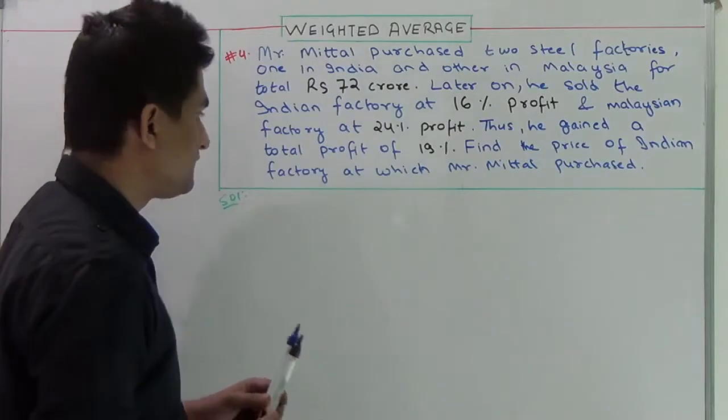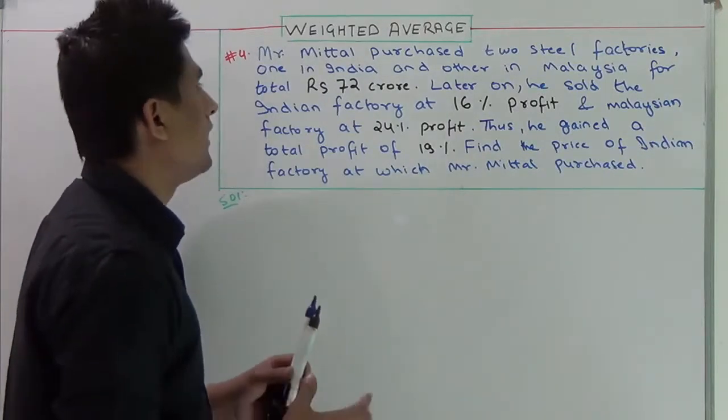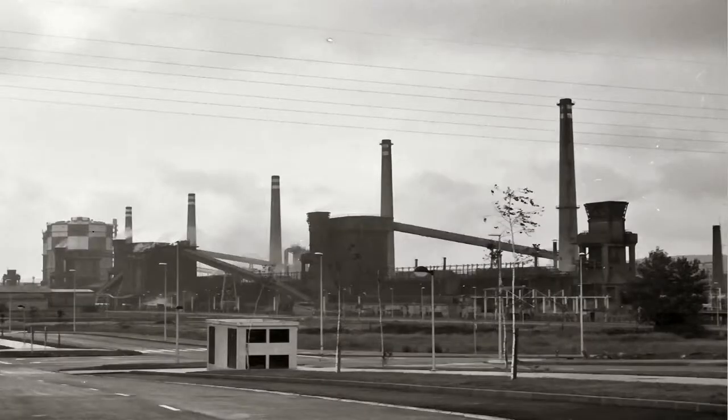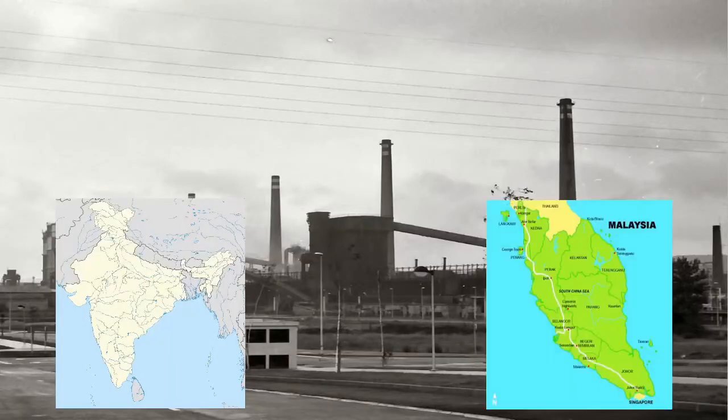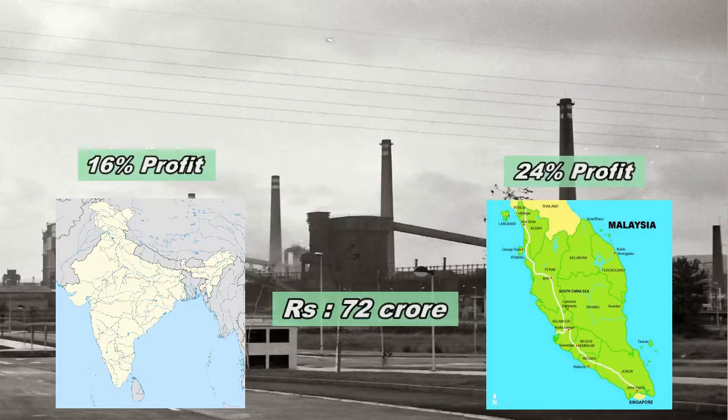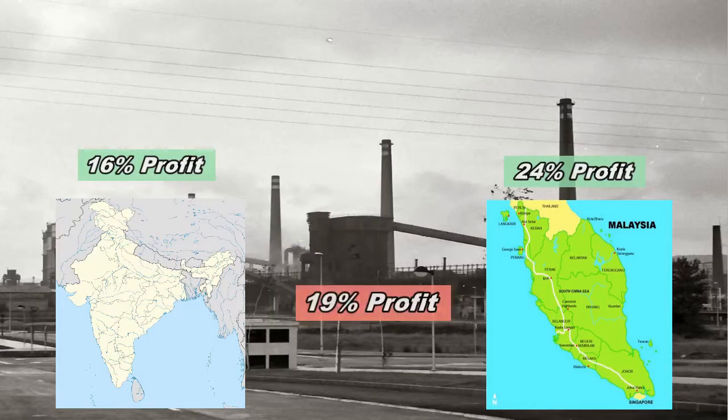Mittal purchased. Question is, Mr. Mittal purchased two steel factories, one in India and the other in Malaysia, and the combined cost he paid for both factories was 72 crore rupees. And later on he sold the factories. He sold the Indian factory at 16% profit and Malaysian factory at 24% profit, and thus he finally gained 19% in overall sale.